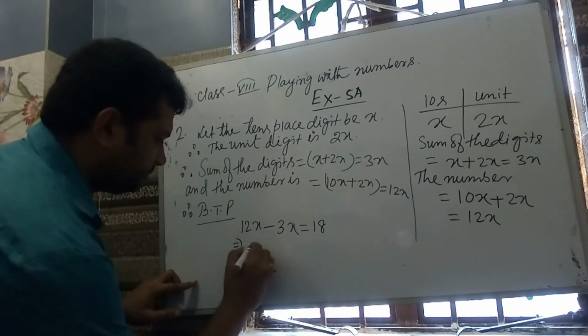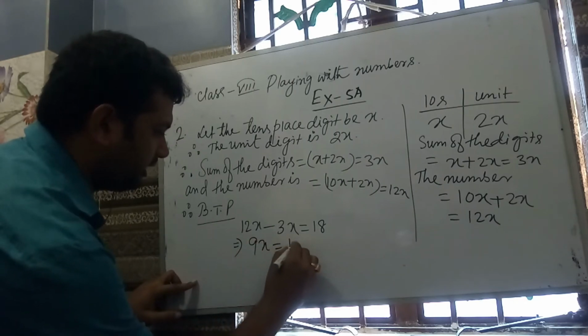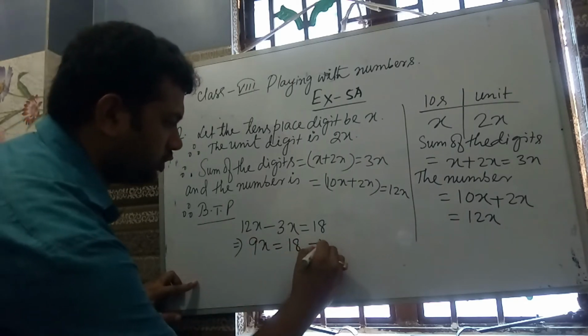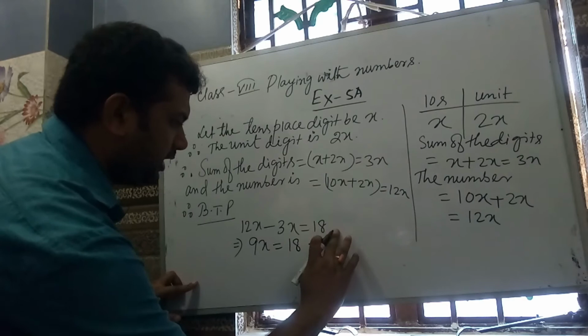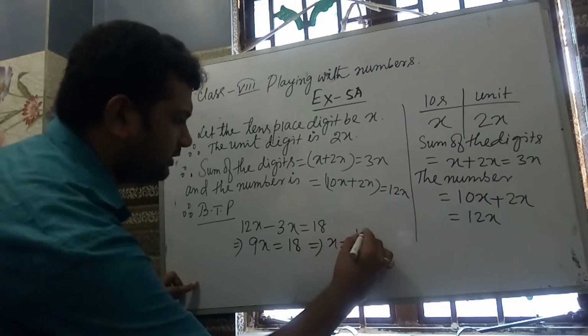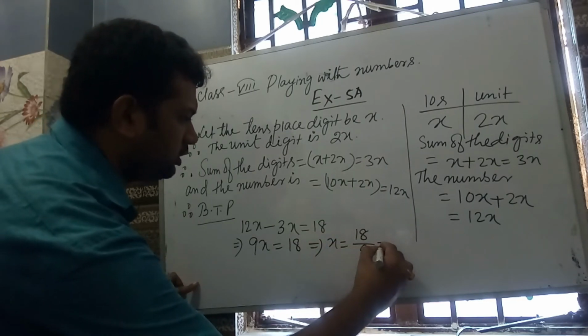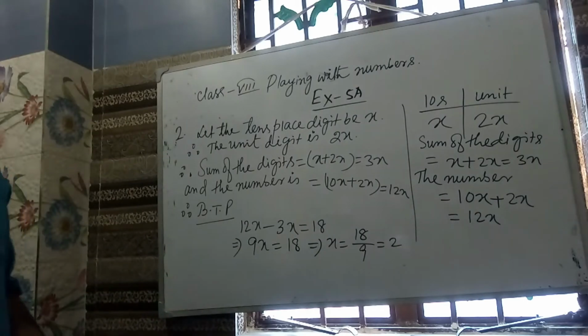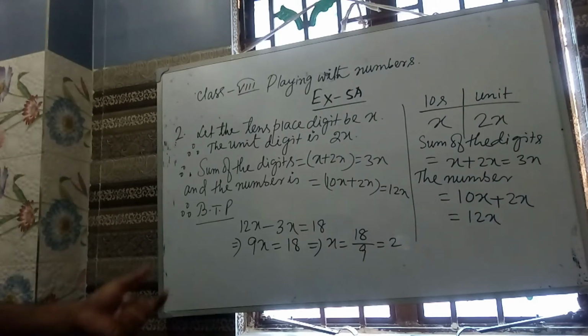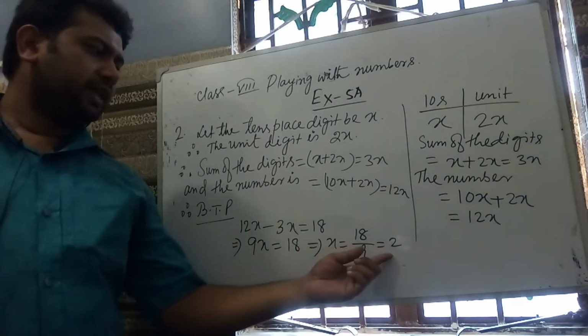That implies 9x equal to 18. So x will be 18 by 9, so equal to 2. Okay. So you got the value of x.